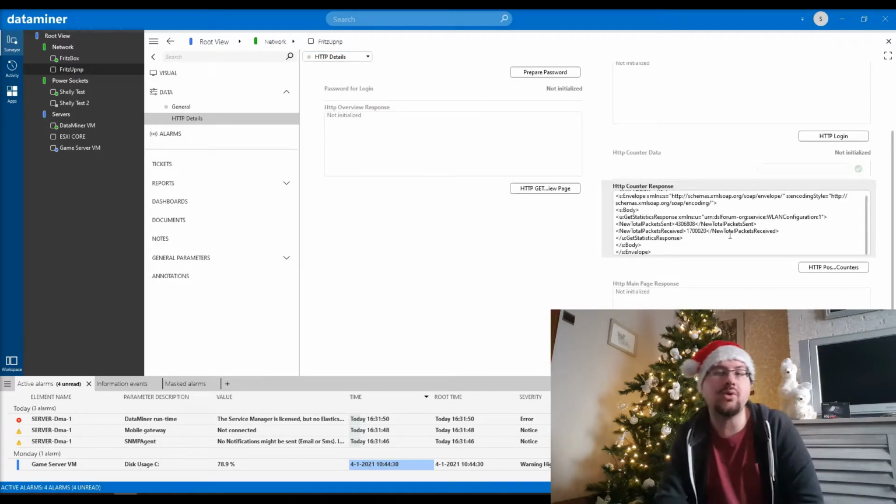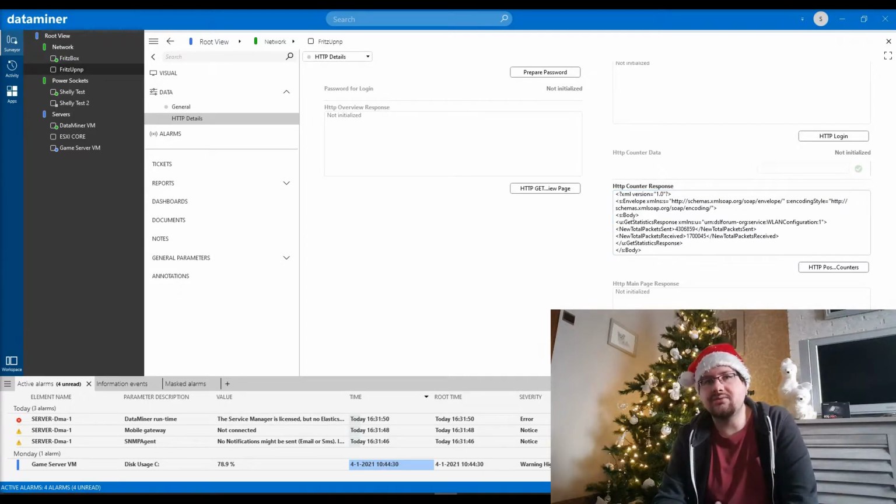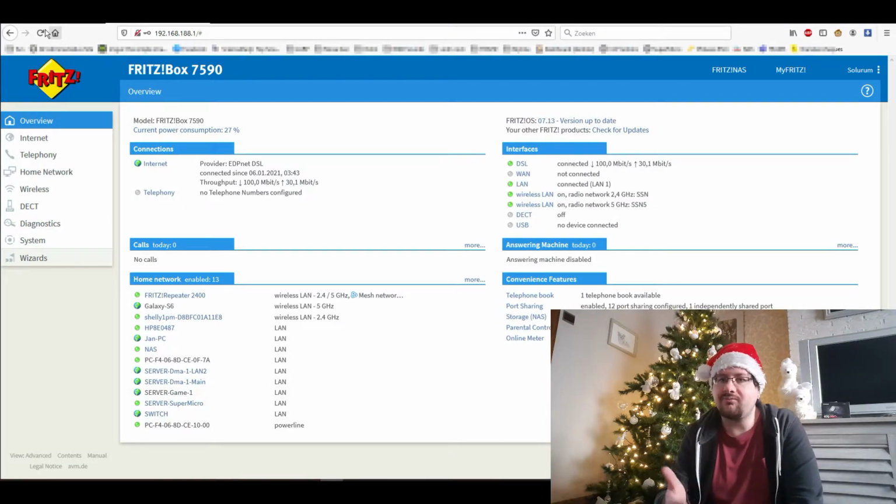And then I figured, this thing has its own website, so you can surf to the IP of your router and you'll get access to the UI.